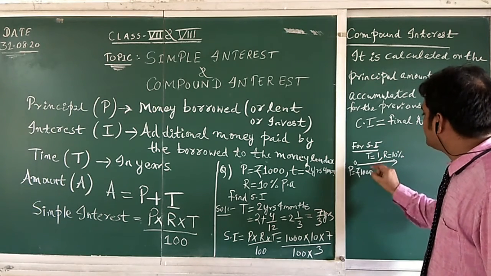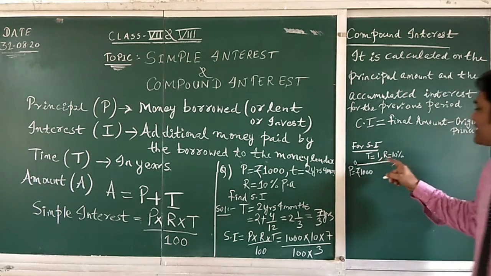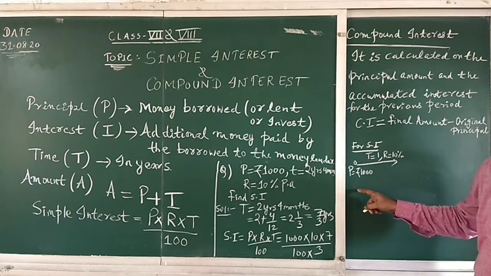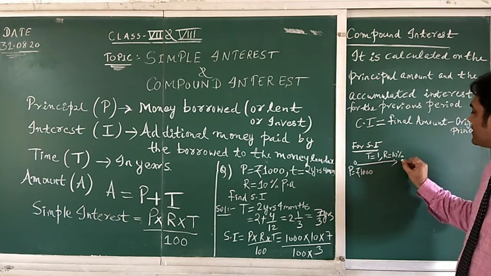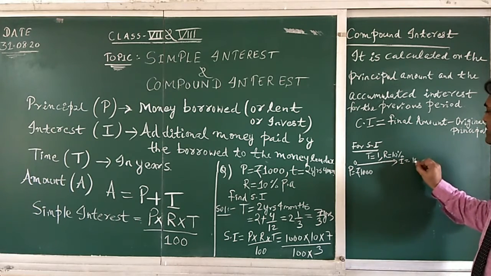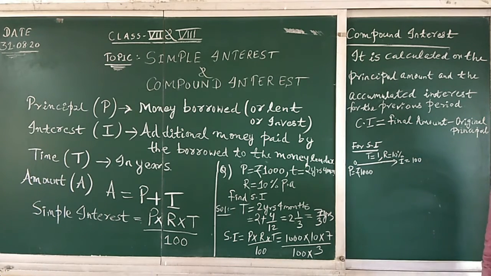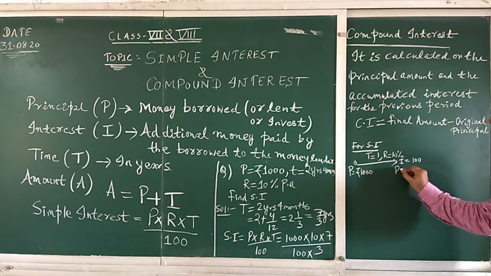So what is the interest here? If you take the rate of 10% on the principal amount of 1000, interest becomes 100 rupees, and the principal for the second period is still 1000 rupees.